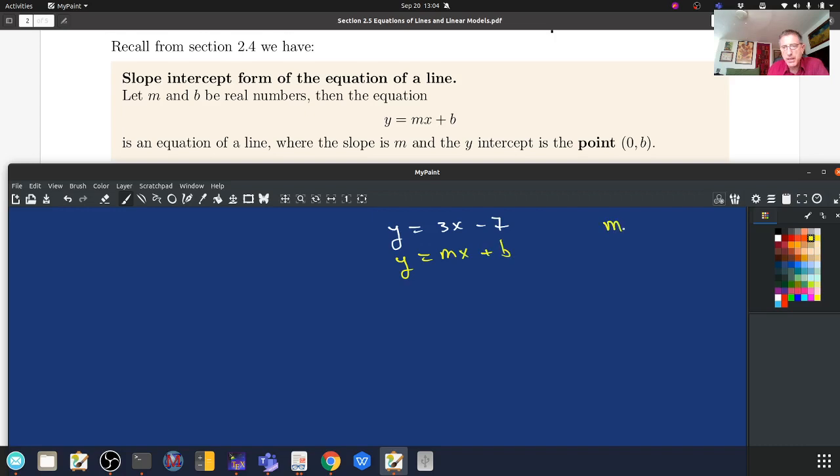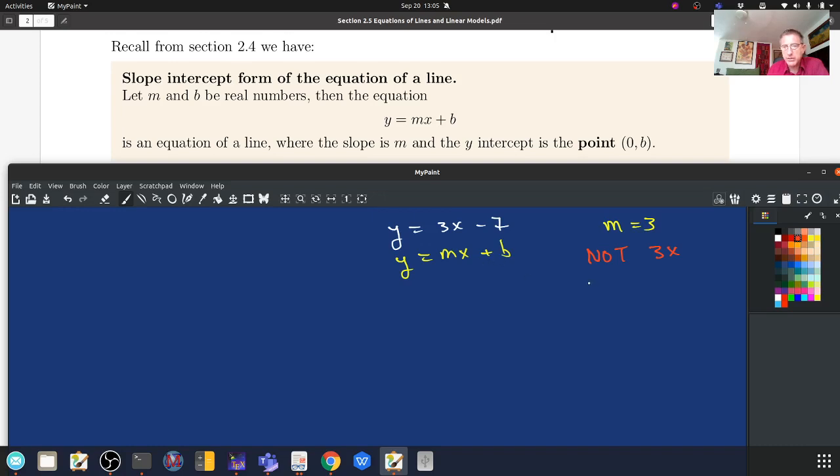My slope m is 3. And here you go, the red, not 3x. 3x is a variable term, and I don't know its value unless I know the value of x. We actually do know the value of the slope, and it's 3, not 3x.